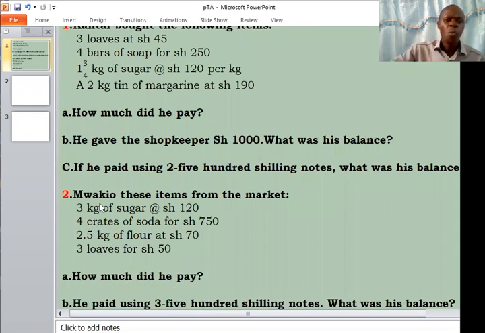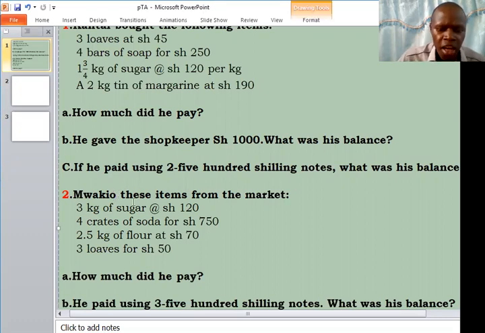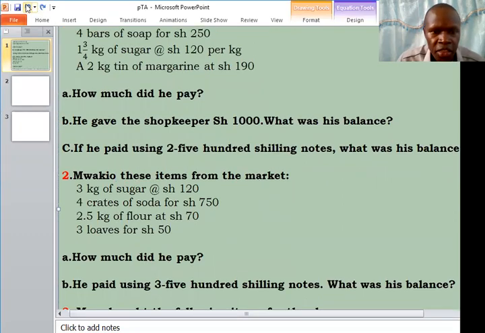It reads, Mwakio bought these items. What were the items? 3 kilograms of sugar at 120 shillings.